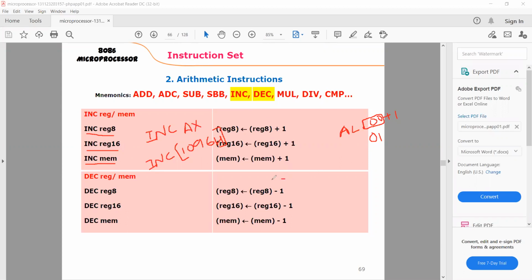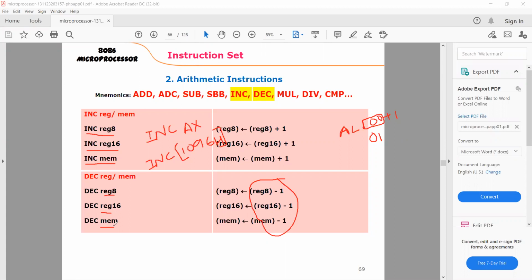The contents of the 8-bit register, the 16-bit register, or the memory location, whatever operand we specify in the instruction, that content will be either decremented by 1 or incremented by 1 depending upon the instruction you use.